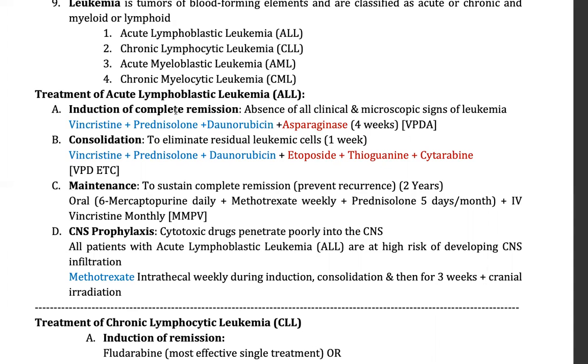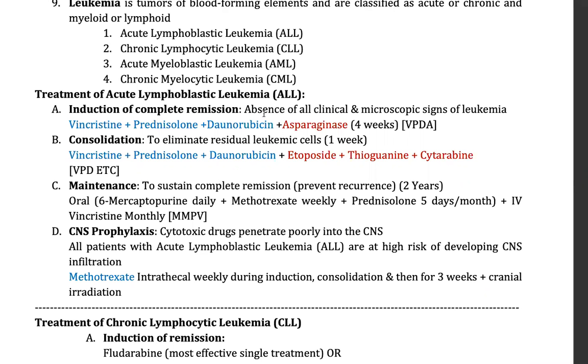What is induction of complete remission? If there is a question to give the combination regimen or treatment plan for complete remission of ALL, acute lymphoblastic leukemia, you should know what is meant by complete remission.